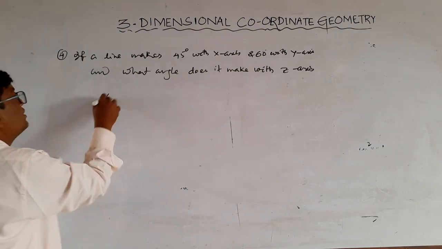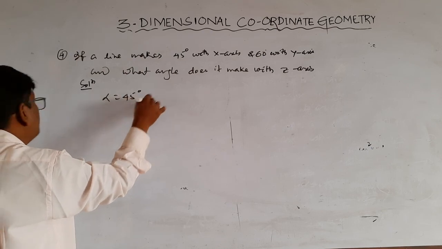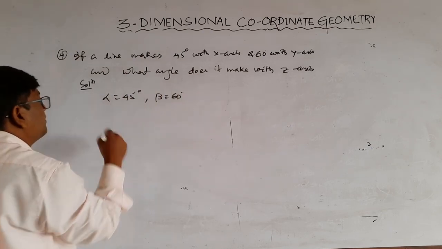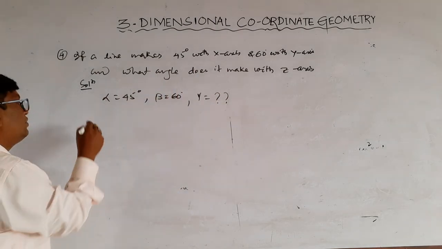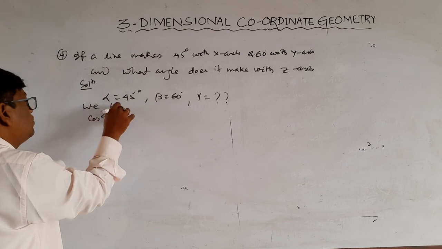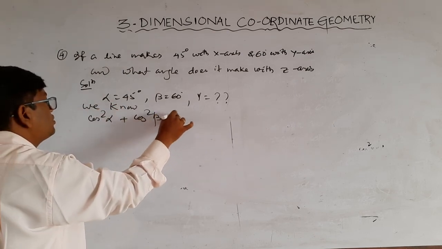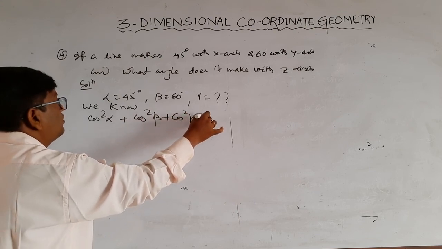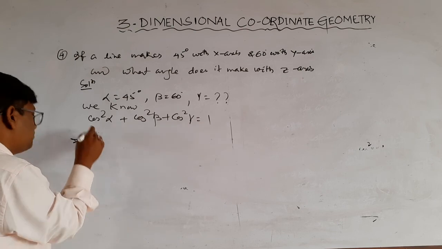Solution: alpha is equal to 45 degree, beta is equal to 60 degree. The question is, what is gamma? Now we know cos square alpha plus cos square beta plus cos square gamma is equal to 1.